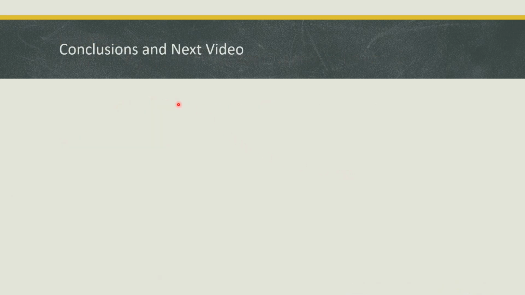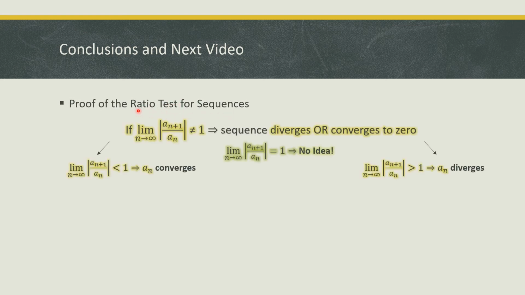In this video, we've shown a proof for the ratio test for sequences. This test says that if the limit of the ratio of two successive terms in a sequence as n approaches infinity is not equal to 1, then the sequence either diverges or converges to 0. And again, this is from the contrapositive of the more direct statement that if the sequence converges to a non-zero number, then the limit is 1.